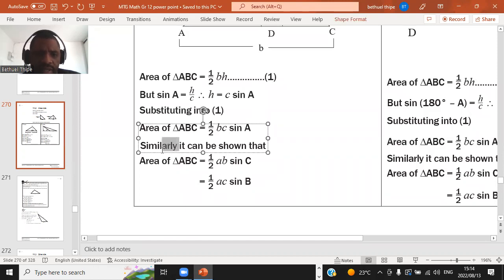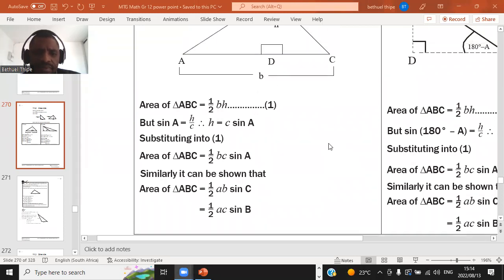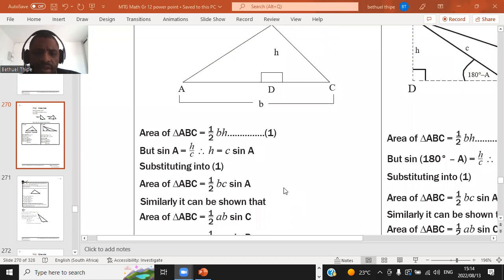Similarly, this simply means using the same method with the same steps, we can obtain this part. So let's explain it very nicely. I want to clarify this part here: a sin C.